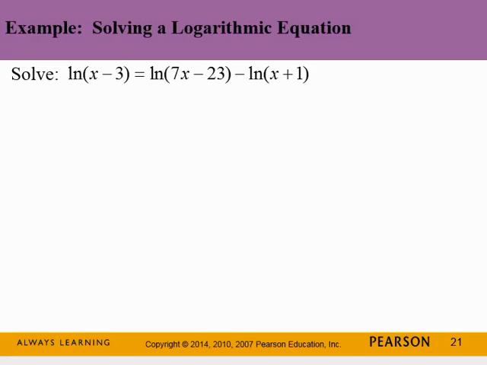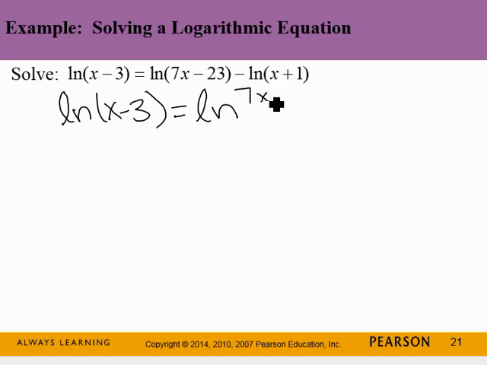So let's work on this problem. We need to make sure we have it set up in the correct way. You want to condense your logs first. So that means we're going to put this back so it's division.